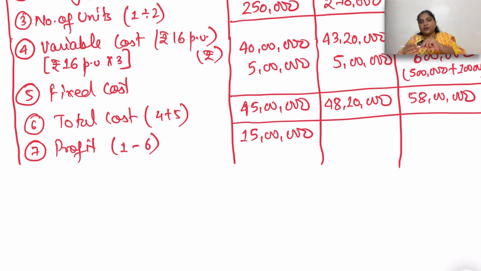In the second case our sales was revised to 64 lakh 80,000, minus 48 lakh 20,000 as your cost, so you will get 16 lakh 60,000.